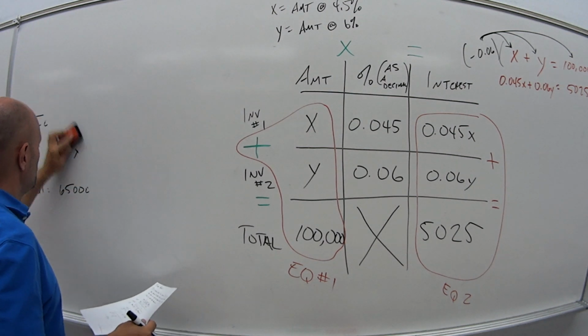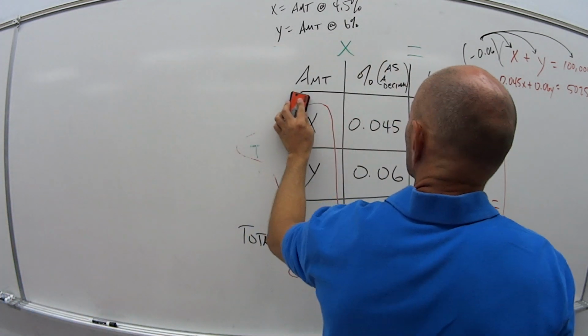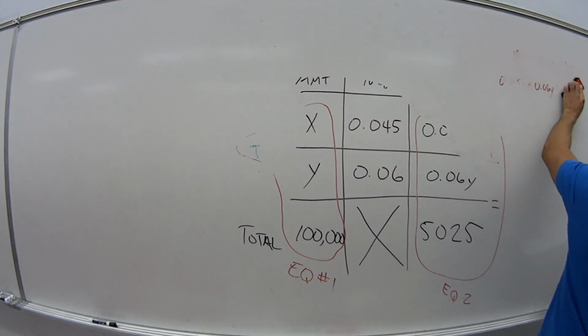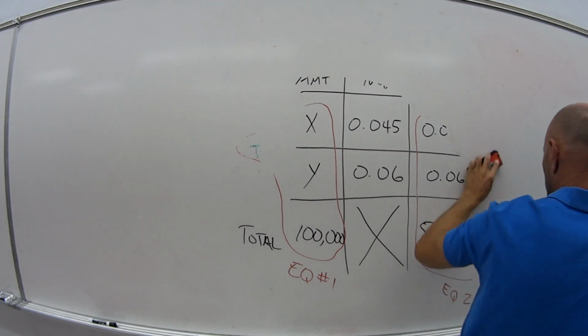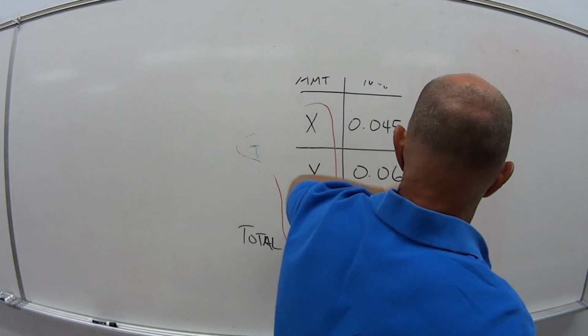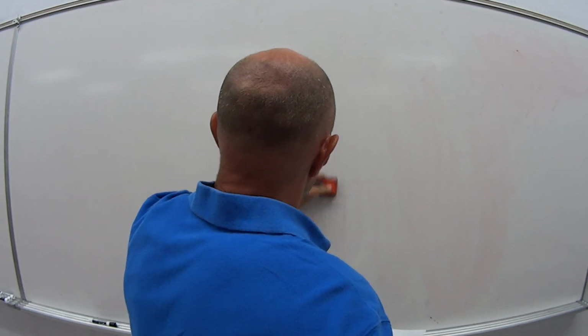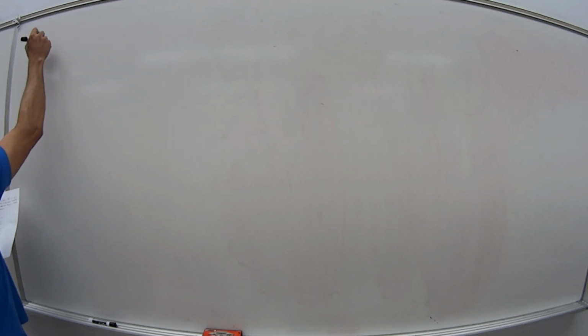We're still going to use the table. So in this one, we have the following. So this again, this is a mixture problem.